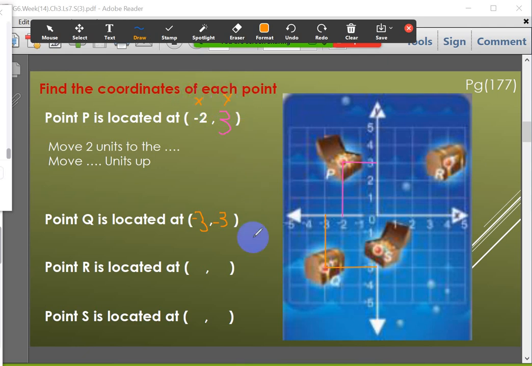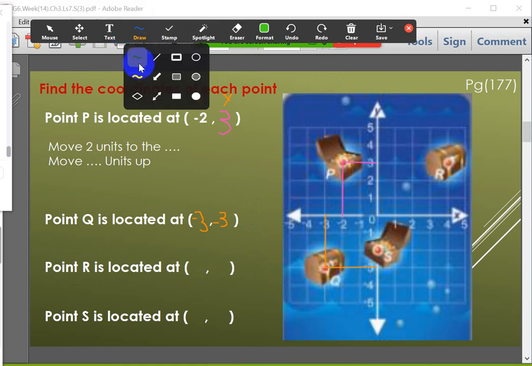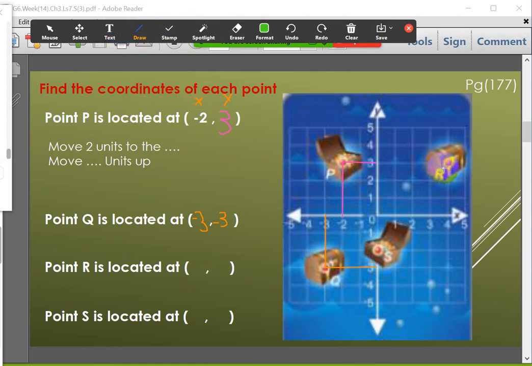Okay, now what about R? This is R. I also have to find the x and y. For the x-axis, I have to take a line from the point vertically to cross the x-axis. So it will be 4 in the x.